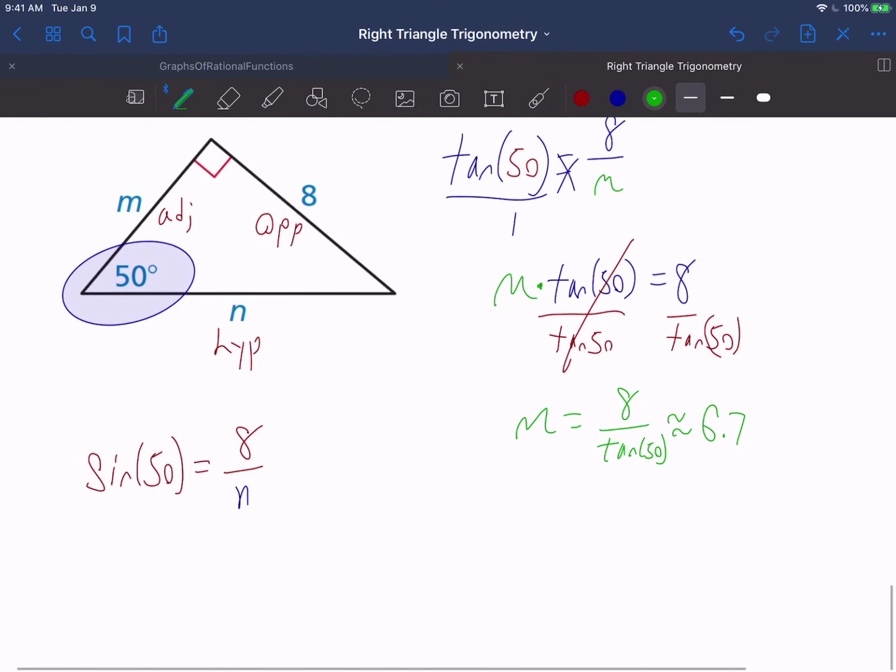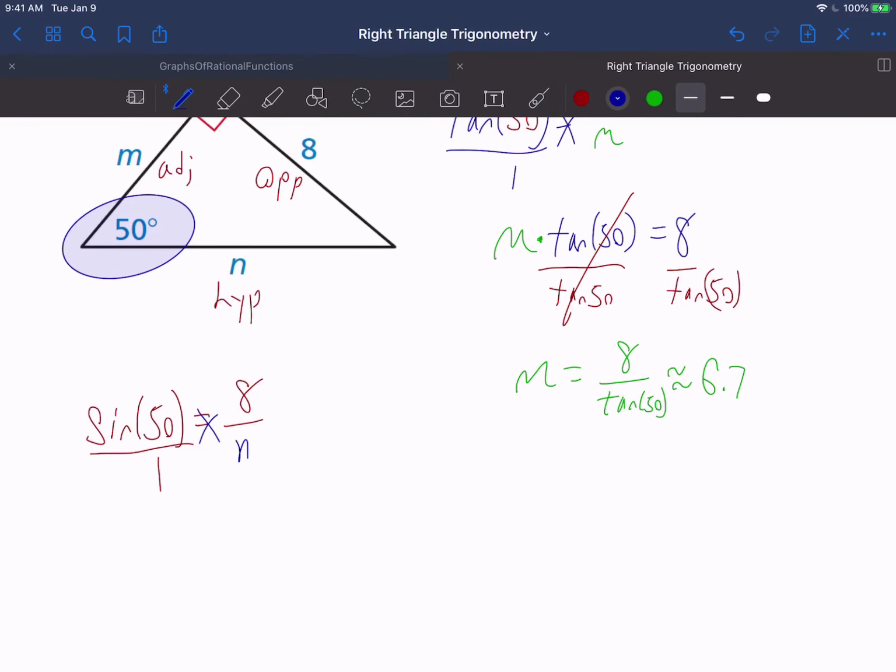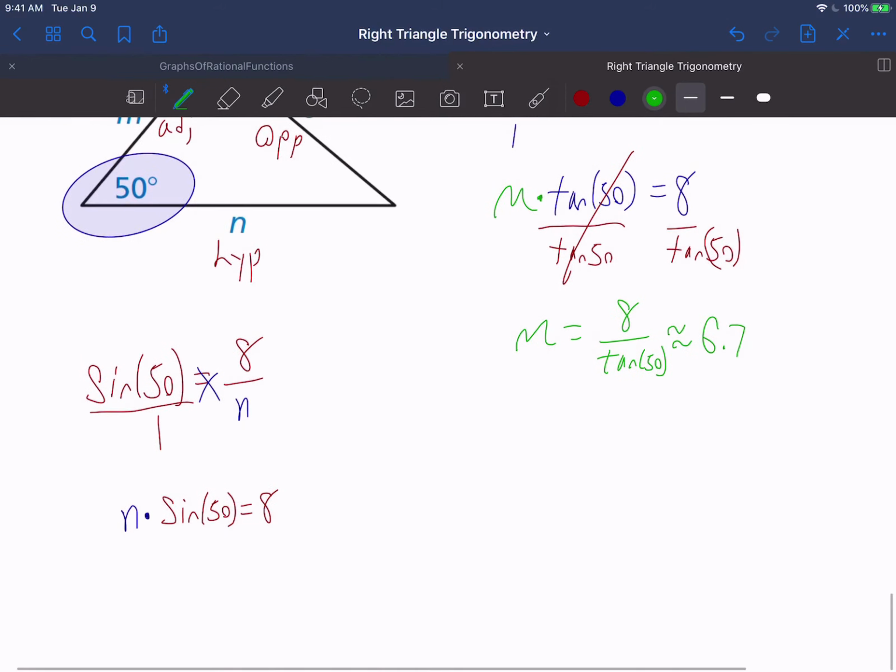So let's start solving. I'm going to toss this over 1 so I can feel the cross multiplication coming on. Cross multiply, and once again you get this awkward situation where it's n times a trig function, which again represents a number, equals 8. How do I isolate that? I divide both sides by the constant that's multiplying my variable, sine 50.